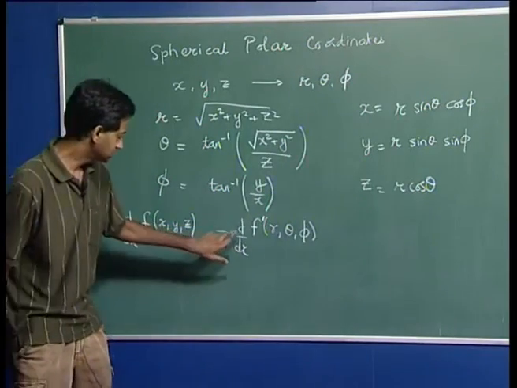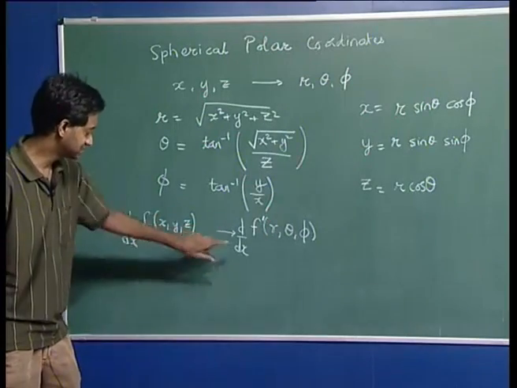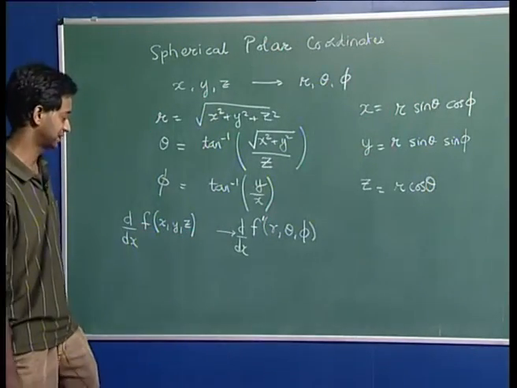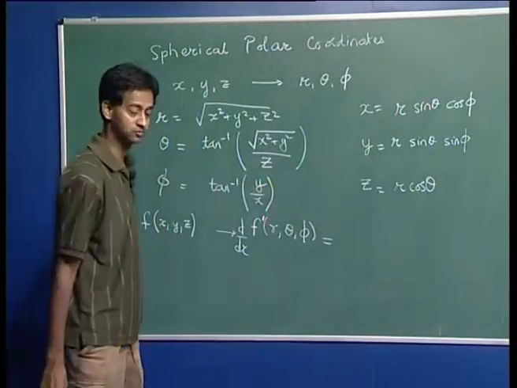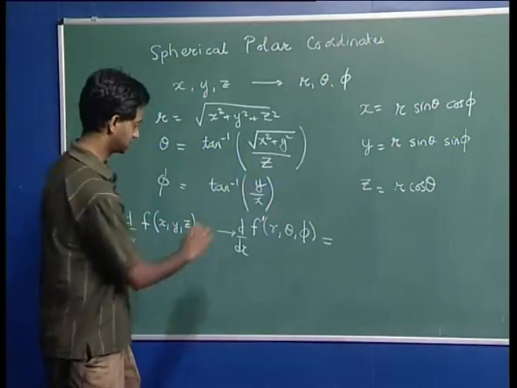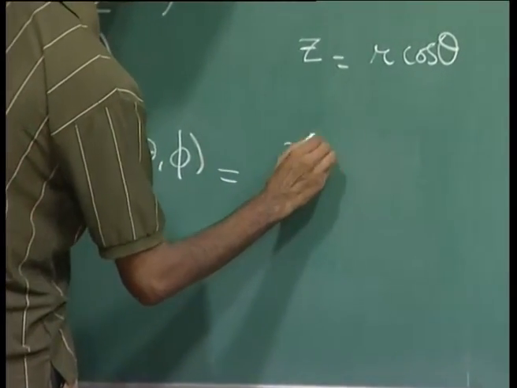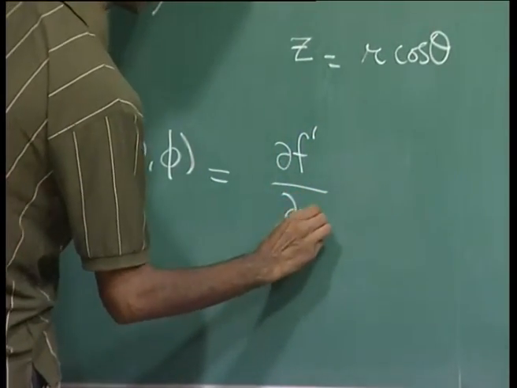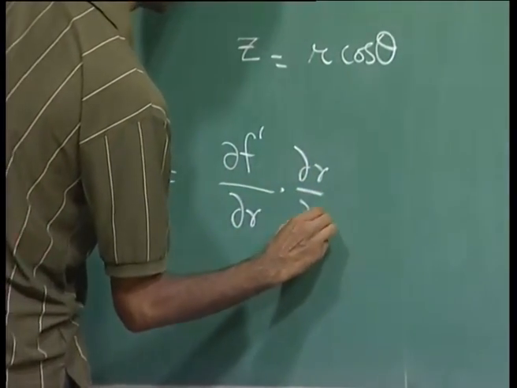And to do this, you notice that here I have a function of many variables and I am taking differential with respect to some other variable, and so I use the chain rule for partial differential equations to write this in the form dou f prime by dou r into dou r by dou x.